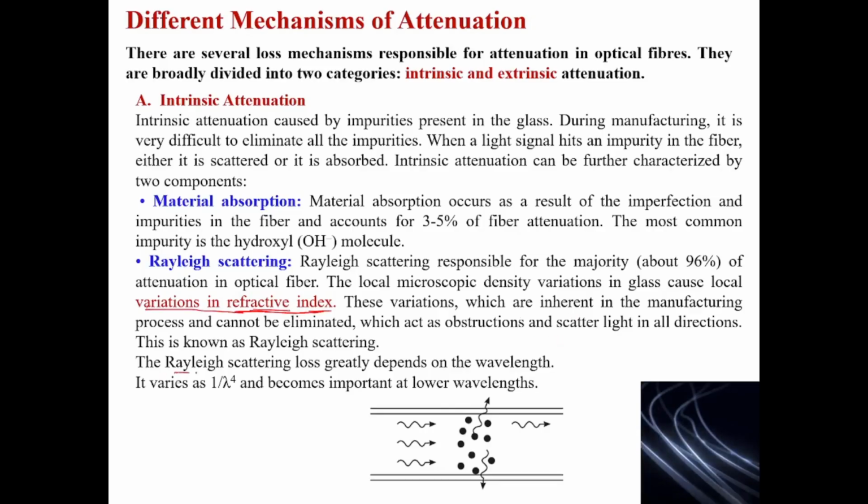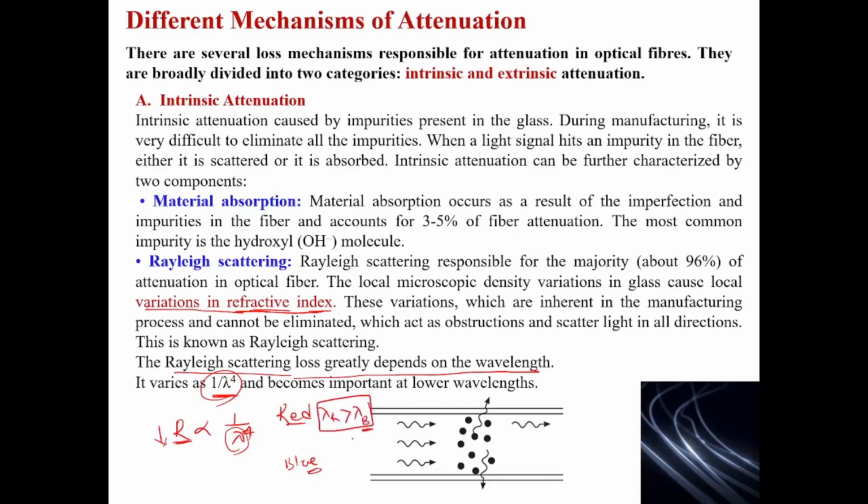The Rayleigh scattering loss greatly depends upon the wavelength. This is a very important expression. Rayleigh scattering is proportional to 1 by lambda to the power 4. So if lambda increases, scattering will be less. Suppose I consider red light and blue light. Red light has a larger wavelength than blue light.